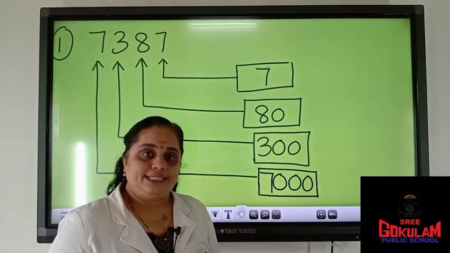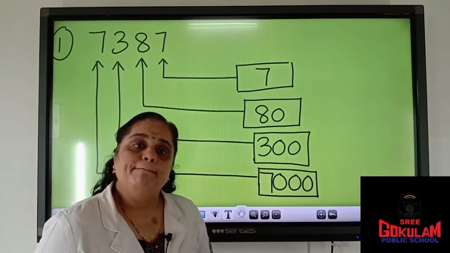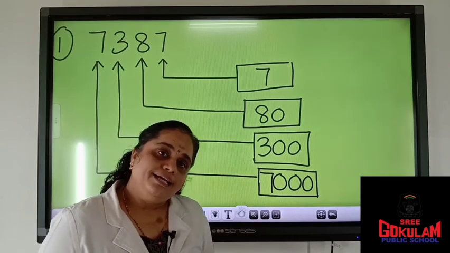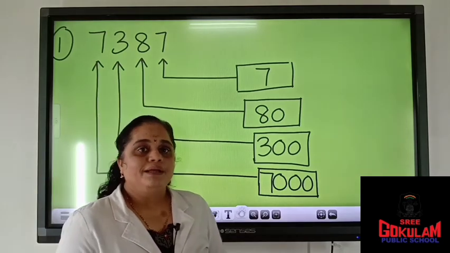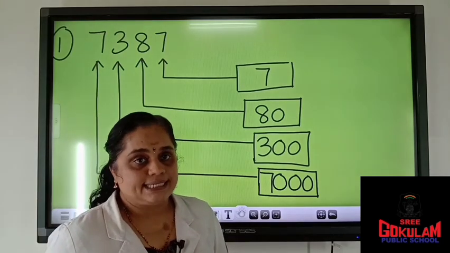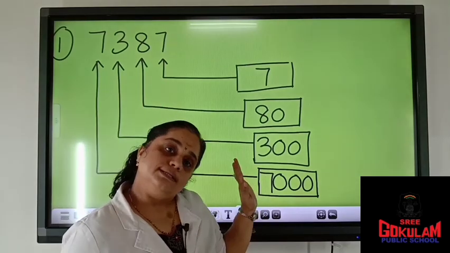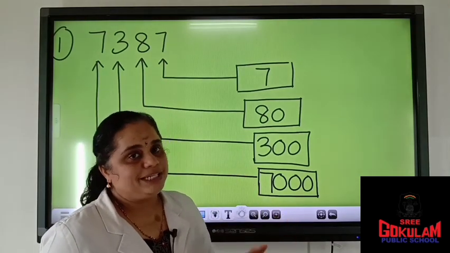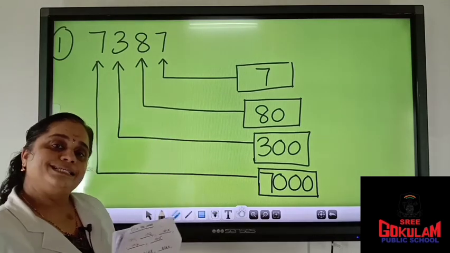Whatever is the digit or whatever is the number, the face value will be the number itself. Okay children? Is it clear to all of you? Fine. In our textbook, they have given us a few exercises and they have done it in this way only. So I am also going to the same pattern so that my children don't have any confusion. Okay. Now, let us see this number.